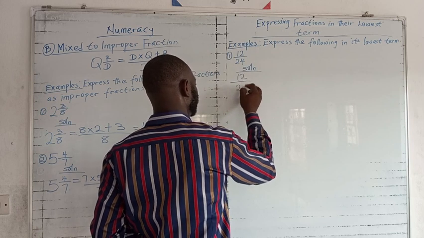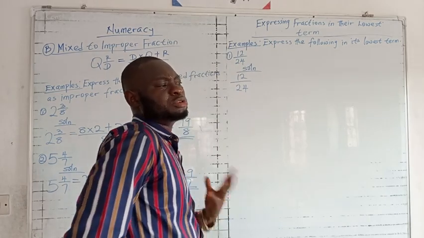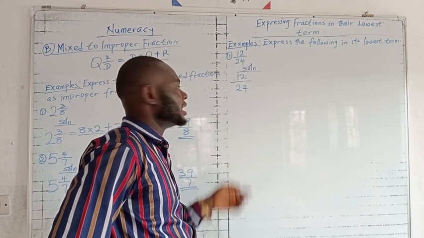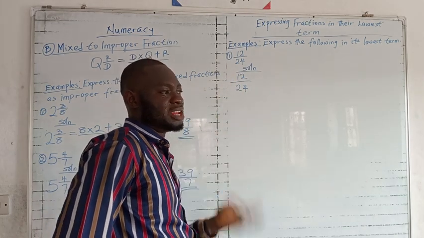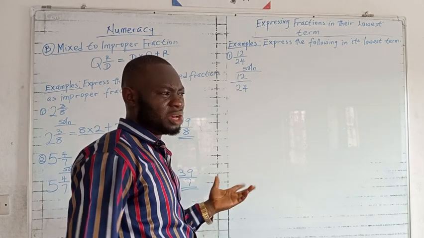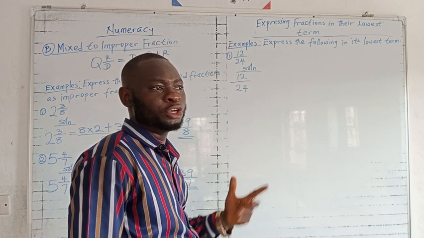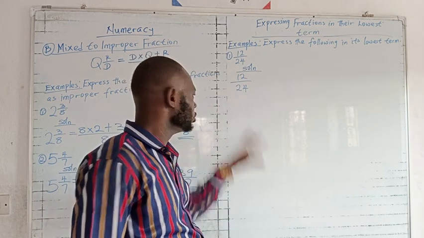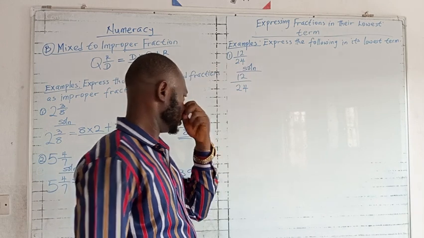12 over 24. Like I said, we can start looking for numbers that can divide 12 and 24. We keep on dividing till we get to the final answer. We can still employ the method of using just prime numbers to keep on dividing 24 till we get to the last one.